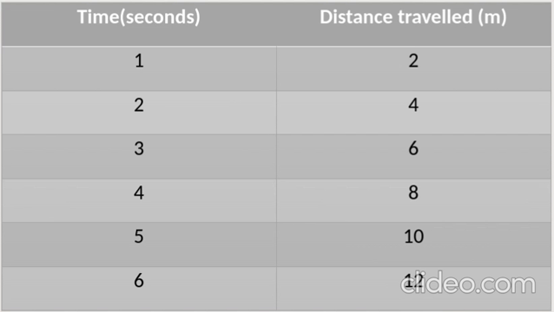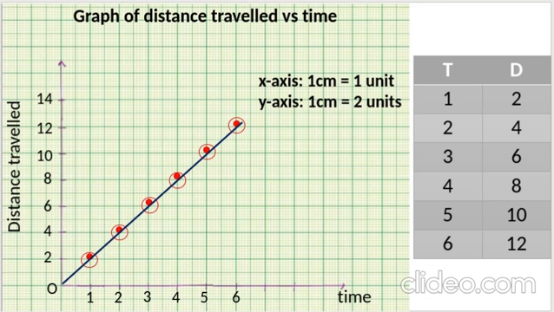So in physics, we use the distance-time graph, velocity-time graph, everything we use, right? Suppose I have time 1 second, 2 meters; 2 seconds, 4 meters; 3 seconds, 6 meters. This much distance is being traveled. So how do I construct the graph? Like this. Remember this part is very important.